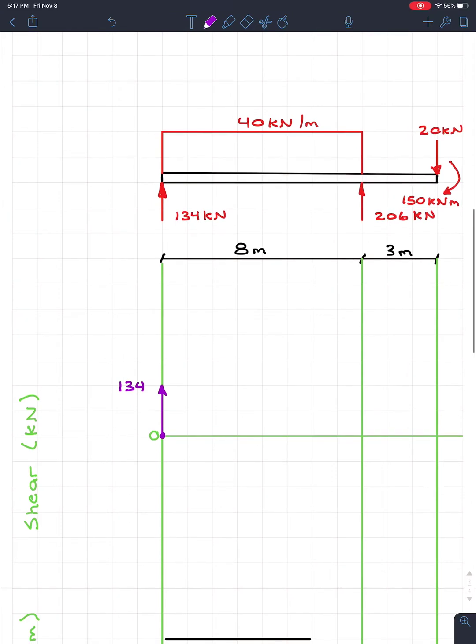But now this is where it gets tricky, because now we have a distributed load, and we know that's going to affect our shear diagram somehow. It's the exact same as what we did before, where we defined the change in moment between 2 points by taking the area of the shear diagram. Well, now we define the change in shear between 2 points. So we want to find the change in shear between x equals 0 and x equals 8. We're going to take the area of the load.